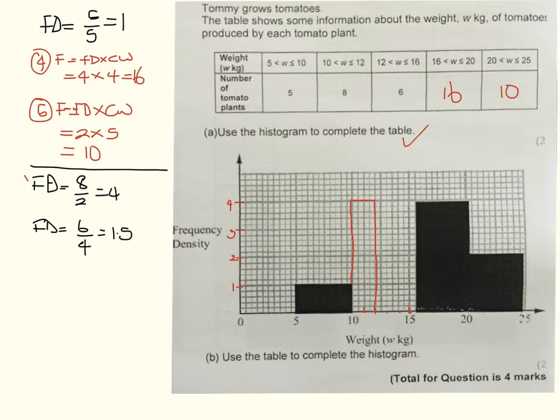Let's double check: frequency is 6, class width is the difference between 12 and 16, that's 4, and it looks like this goes up to 1.5, so it should be just about there. Exactly halfway is going to be in a space, and that's the space there, and that's going to be the next one. Just like that, we have finished that question.